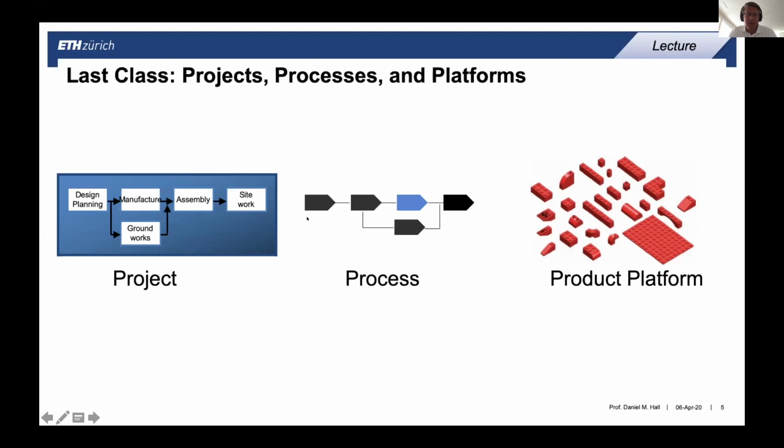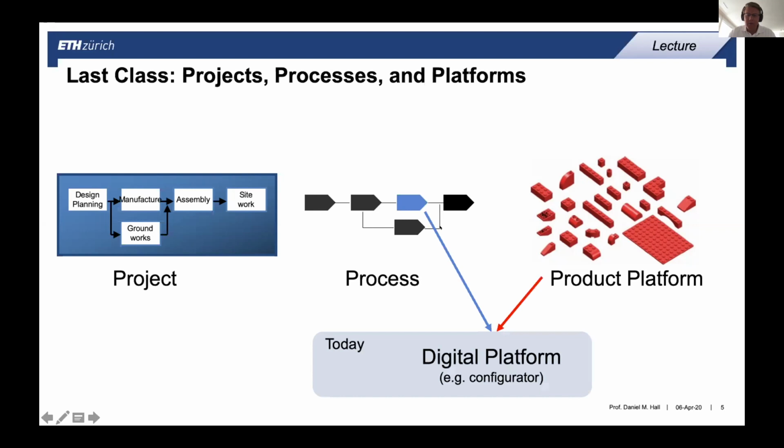Then you have a process, which is the steps that you follow in developing your platform. So we talked about a technical platform process. And I mentioned, if you recall, there's one part of the process that could be considered the digital configuration or integration. And then finally, you have the product platform, which is the rules and the technical system. Maybe, for example, the rules of the Lego system would be an example of the product platform.